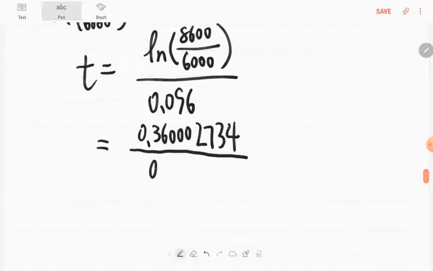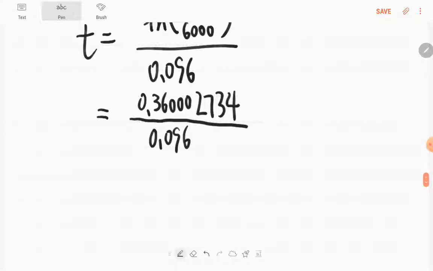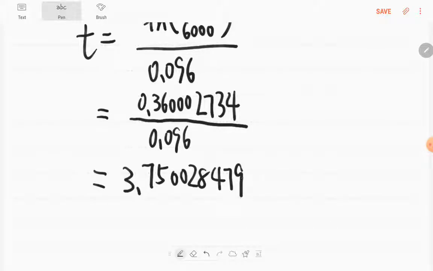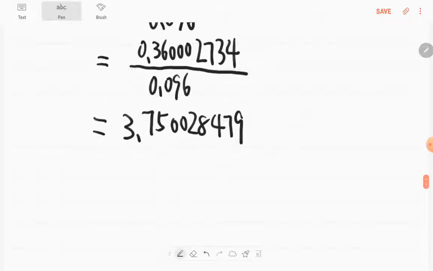And divide by 0.096. So it would be 3.75002849. Okay, so if the problem asks you to keep 2 decimals, then this would be 3.75 years.